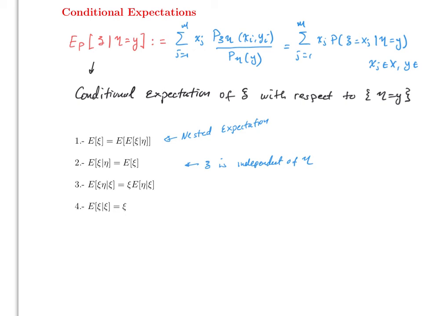The expected value of K times nu, given K, so you know the information up to this point, you can just take this out because you know what this value is. So this will be equal to K times the conditional expectation of nu given K. And number 4 was kind of obvious: the expected value of K, given K, should just be K.